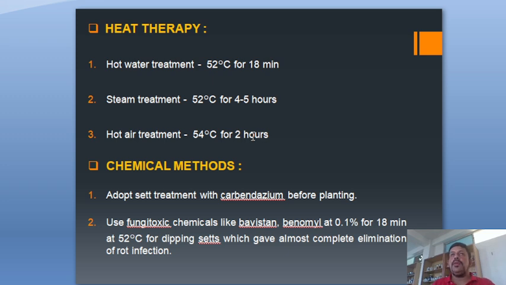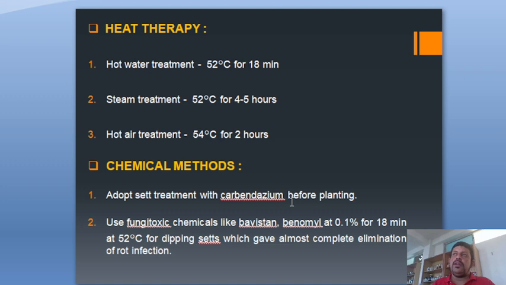Heat treatment, what happens? Mostly the conidia disintegrate by the attack of the heat. So if we maintain the temperature and the time, definitely we can protect the sugarcane from the attack of this pathogen. Some chemical methods are also very important, where we can use carbendazim.